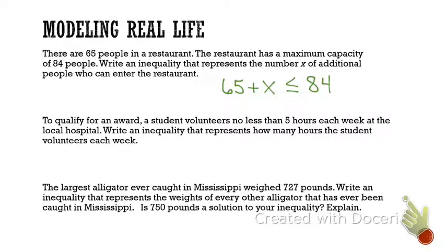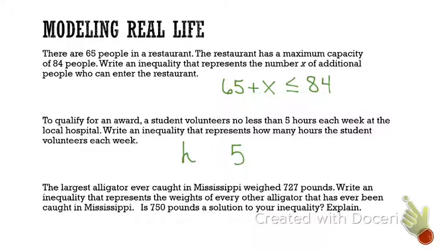To qualify for an award, a student who volunteers no less than 5 hours each week at the local hospital can qualify. So write an inequality that represents how many hours the student volunteers each week. H can stand for hours. It doesn't say that they've already volunteered a certain number of hours, so it's just going to be H. And remember, you're always comparing it to some total that the problem has to give you.